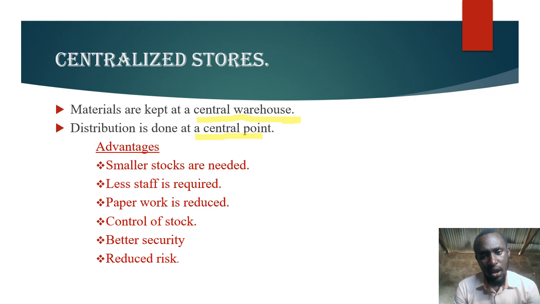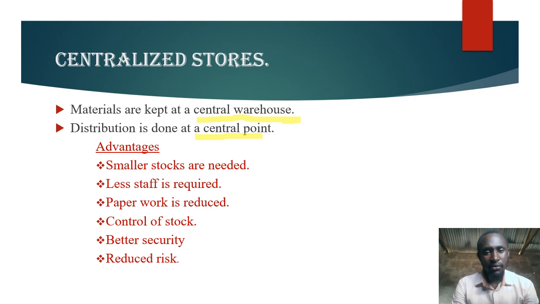Remember, one of the functions of a store is to issue materials. So when the issuing and all the other store activities are being done at one point, that is what is called a centralized store.